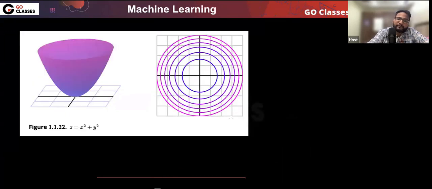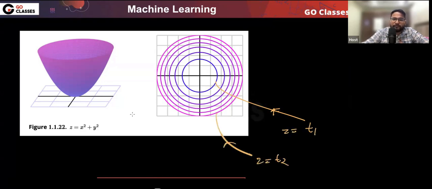Now tell me here. Suppose this is z equal to t1 and this is z equal to t2. Which one is greater? t1 or t2?